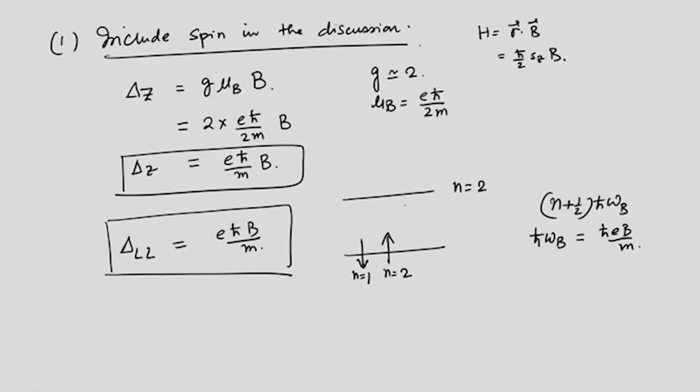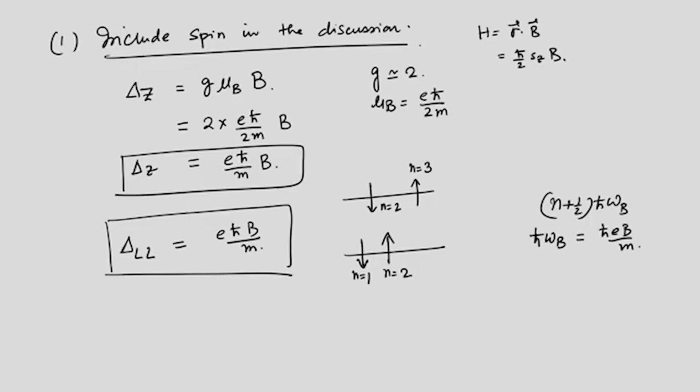Similarly, if I call this n equal to 2 for the down, I have to call this n equal to 3 for the up. So this one goes away. But you see that this is trivial: the nth level of one kind of spins coincides with the n plus 1th level of the other kind of spins.